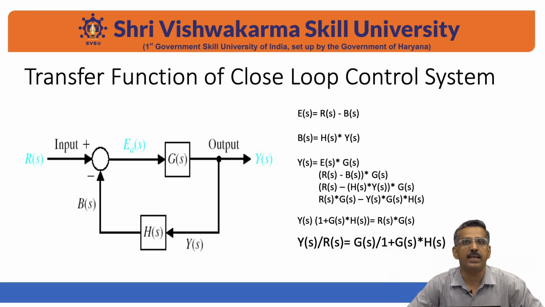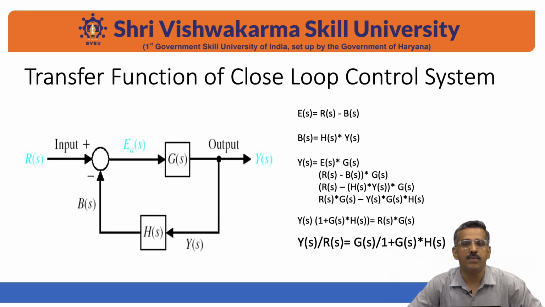The feedback is connected to the error detector. The input for this overall system is R(s), while output of this overall system is Y(s). Now, our aim is to calculate the overall transfer function of this system.